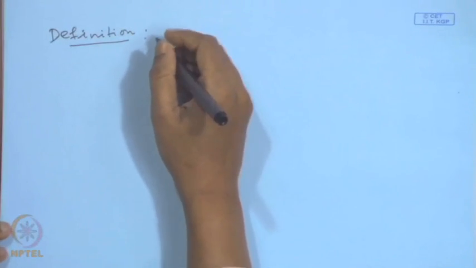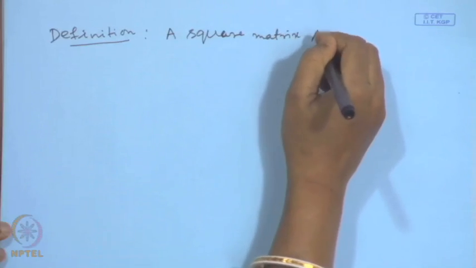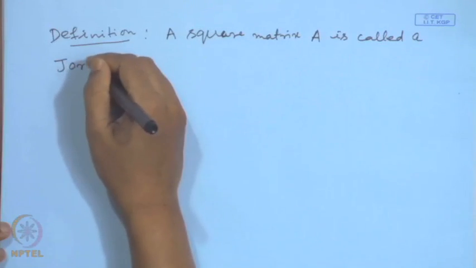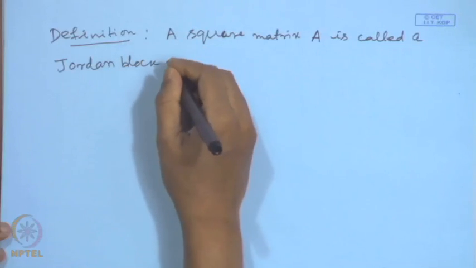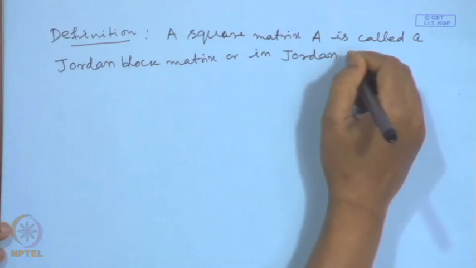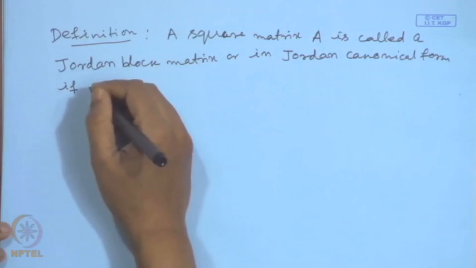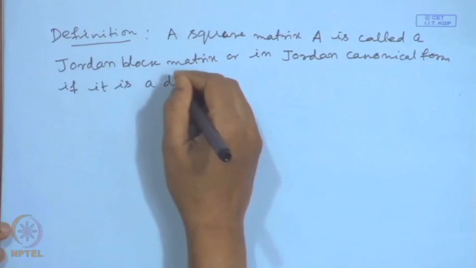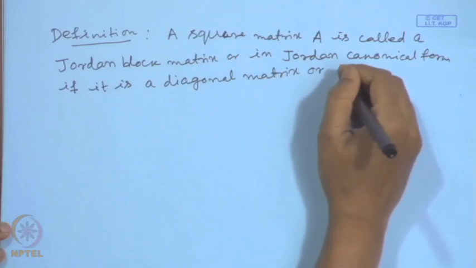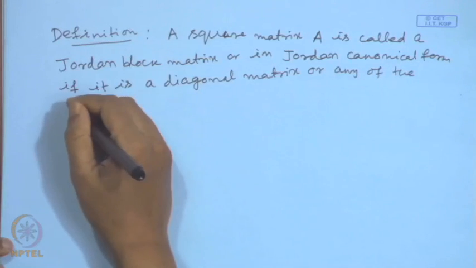Our next definition is this: a square matrix A is called a Jordan block matrix, or in Jordan canonical form, if it is a diagonal matrix or of any of the following form.